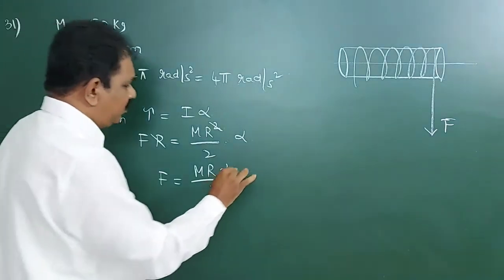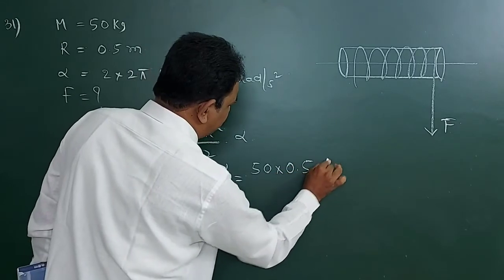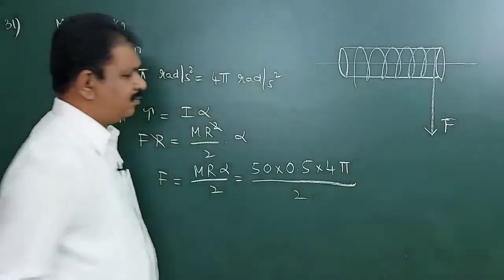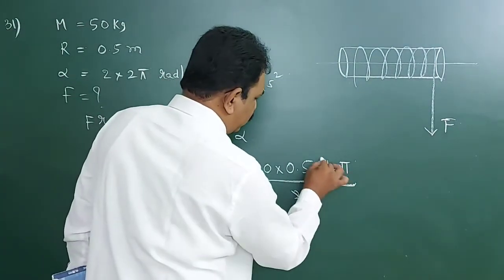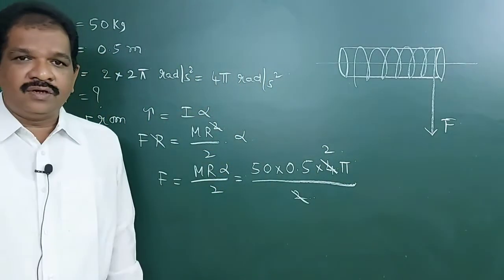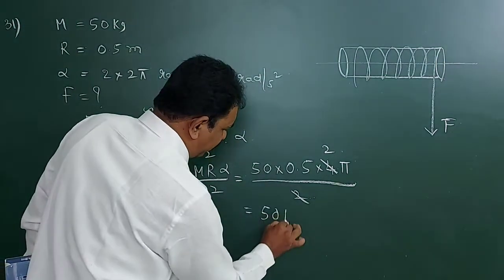Already m value is 50, R value is 0.5, alpha is 4 pi by 2. So 2 times will cancel. 0.5 into 2 will be 1. So this will be 50 pi.